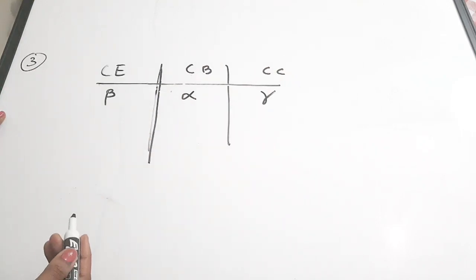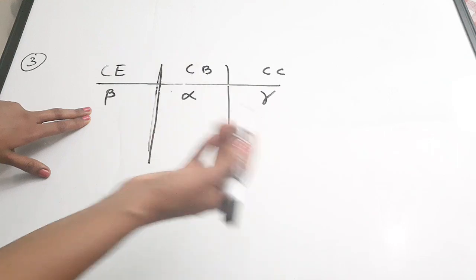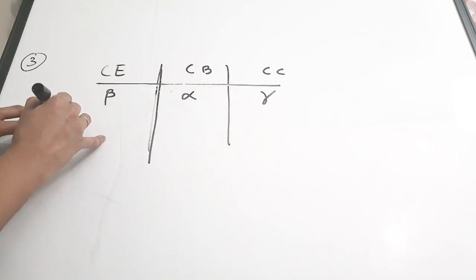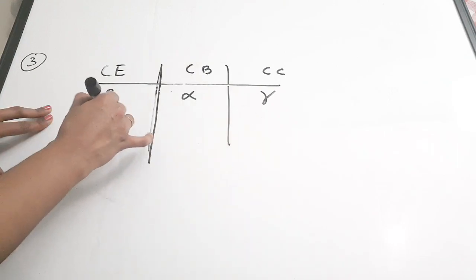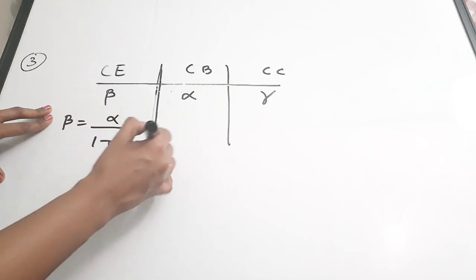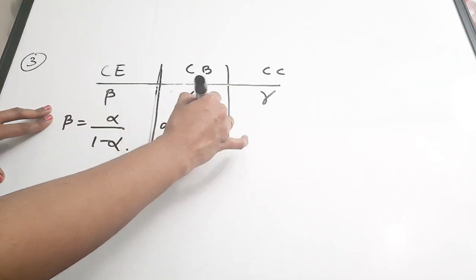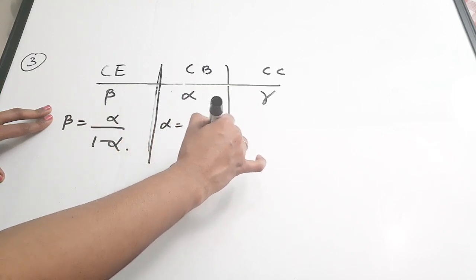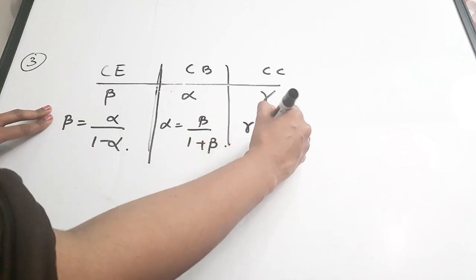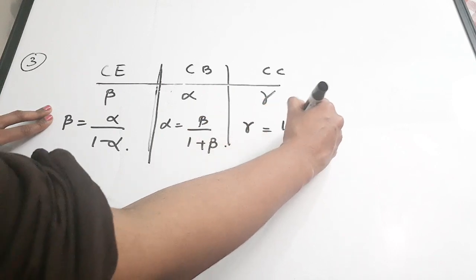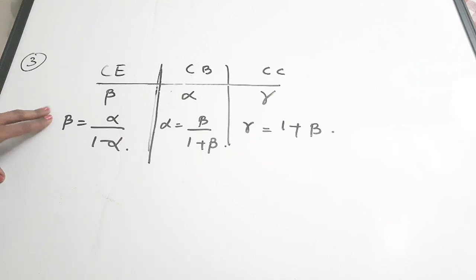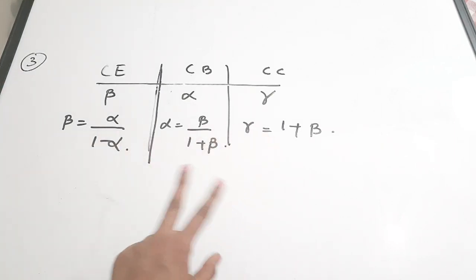The relations between these three: beta is equal to alpha by 1 minus alpha, alpha is equal to beta by 1 plus beta, and gamma is equal to 1 plus beta. So these are the three current gains and the relations between them.